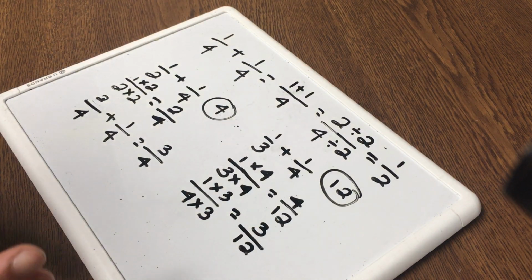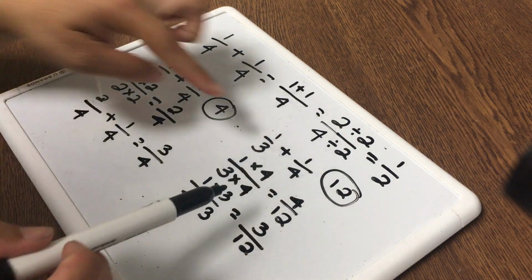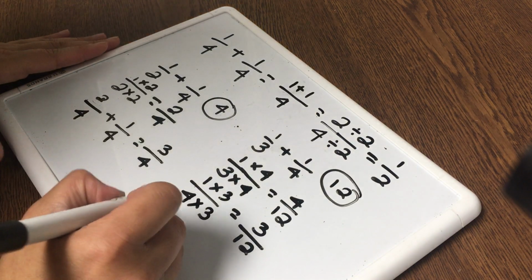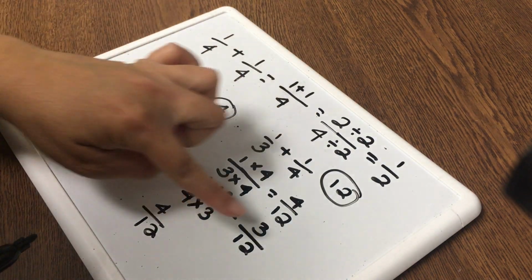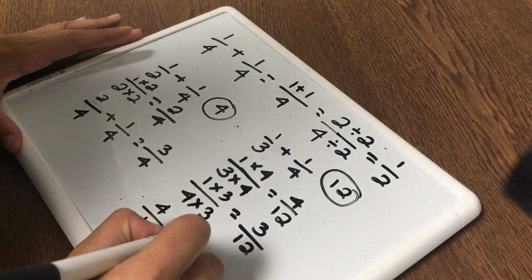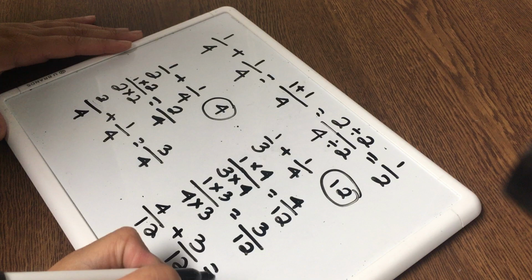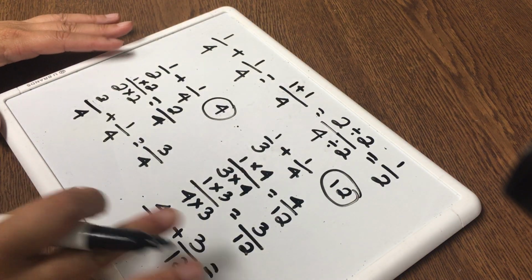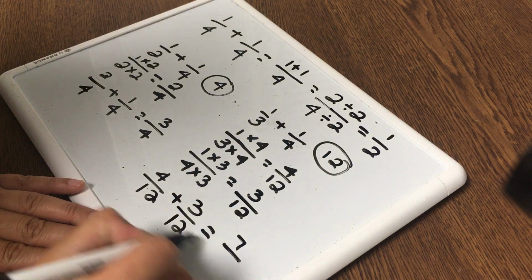So let's put these back into the equation. 1/3 is the same as 4/12, and 1/4 is the same as 3/12. Now let's add it together. 4 plus 3 is 7 over 12.